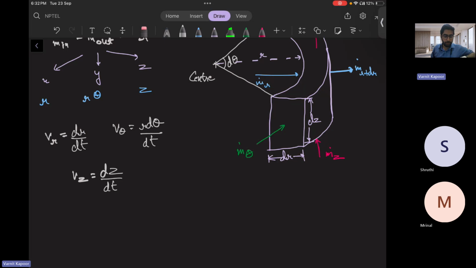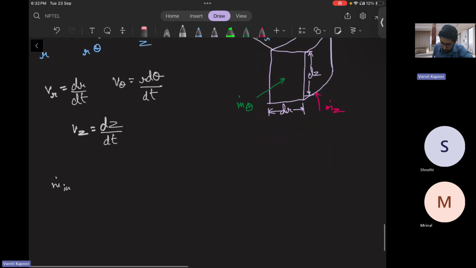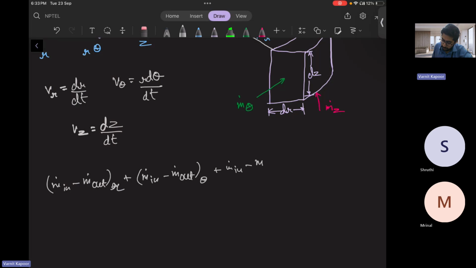Again we will write mass flow rate in minus mass flow rate out in the r direction, plus mass flow rate in minus mass flow rate out in the theta direction, plus mass flow rate in minus mass flow rate out in the z direction, is equal to mass flow rate stored.